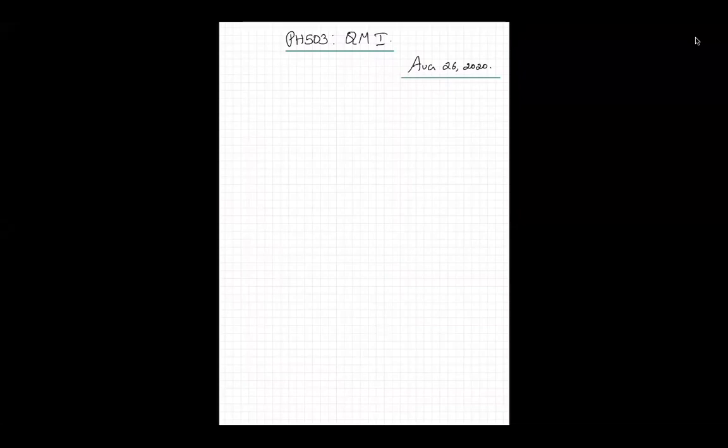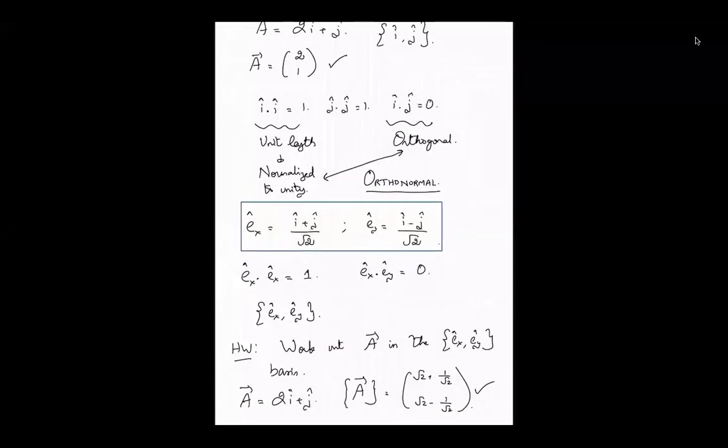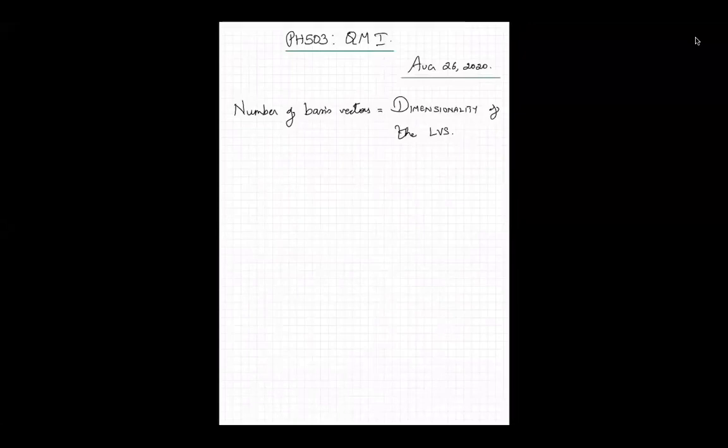So the number of basis vectors that you need is called the dimensionality of the LVS. So in the previous example, where you need i, j or equivalently Ex, Ey, the dimensionality of this vector space is 2, because to describe any vector in this linear vector space, I would need 2 basis vectors.